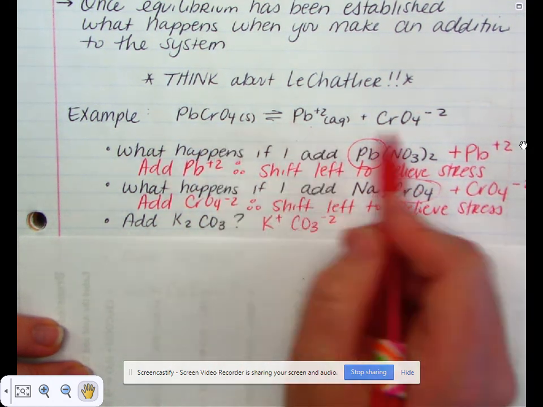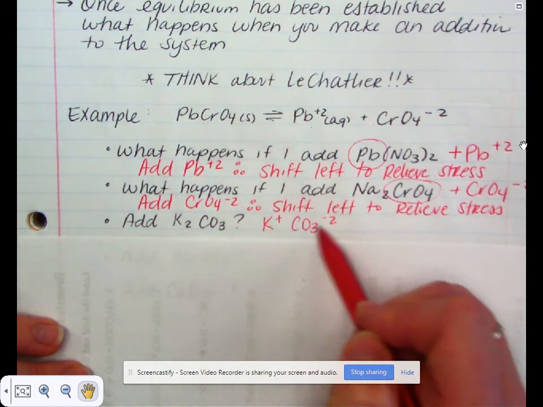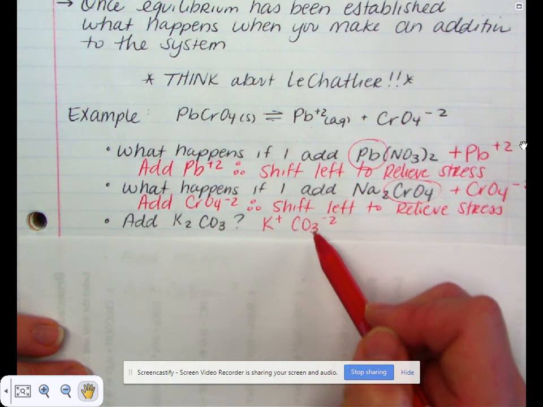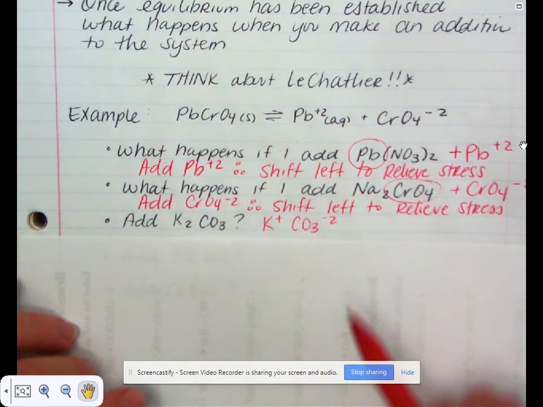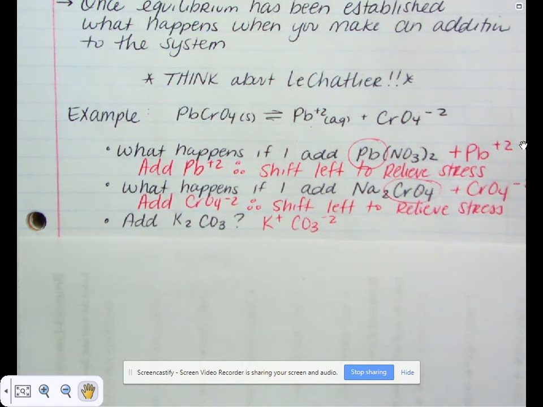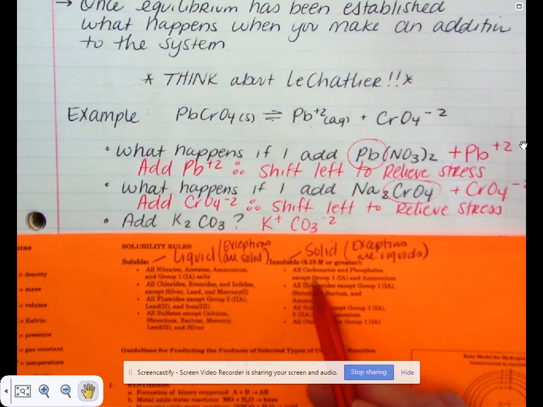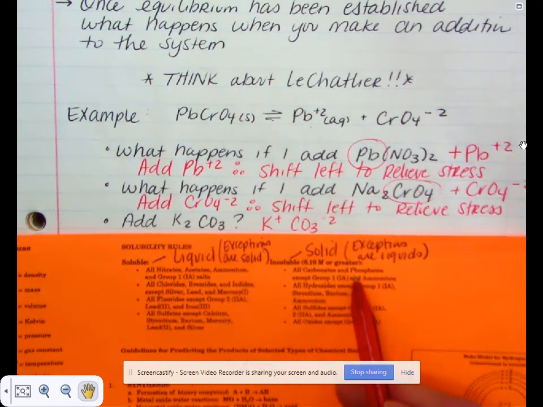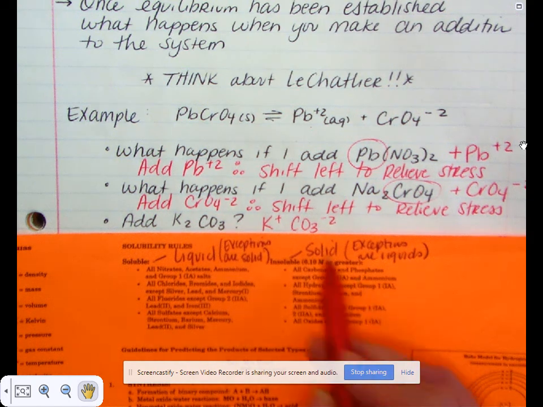Well, neither of those are represented up here. But can any of these ions interact and do anything that would maybe affect this? So I'm pretty sure if I look at my solubility rules, all carbonates are insoluble except group 1A, which is soluble. That's why this is soluble, and ammonia.